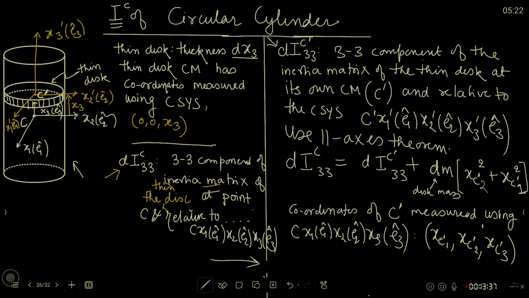Symbolically I represent it like this. Coordinates of point C prime measured using the white coordinate system would be equal to 0, 0, x3. I wrote it here also actually. Now if I use this here, what do I get?